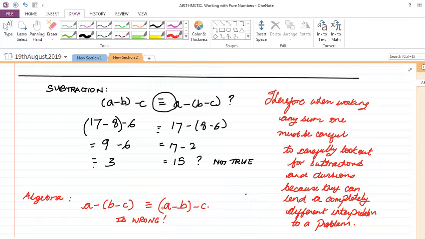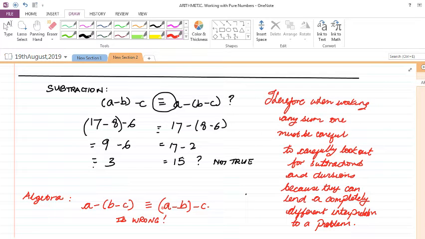Now, for the mathematics, not as important as it is for the algebra. That's very important. Okay? Very important. And this is why we have the rules for BODMAS. Now we have something called distributivity we have to discuss.